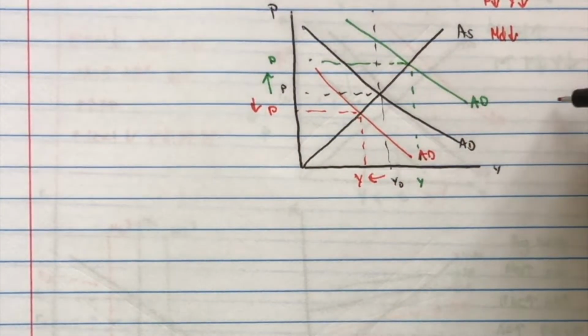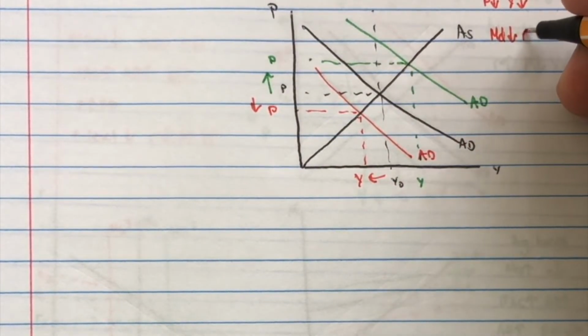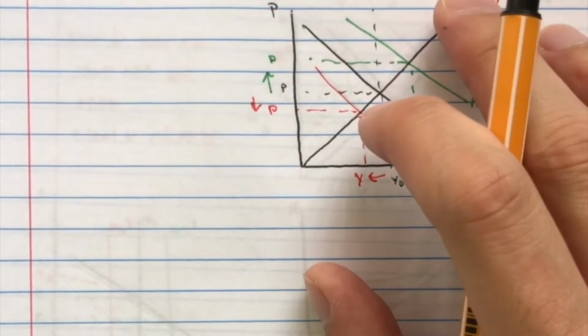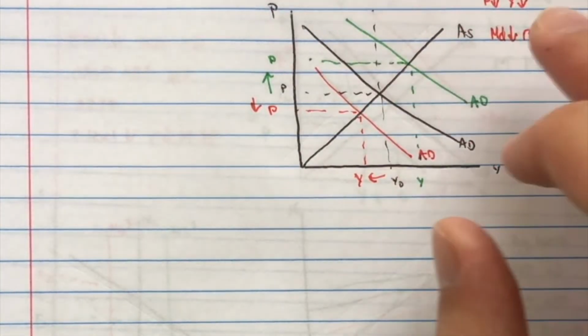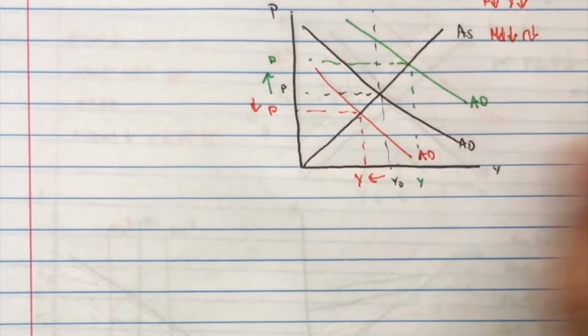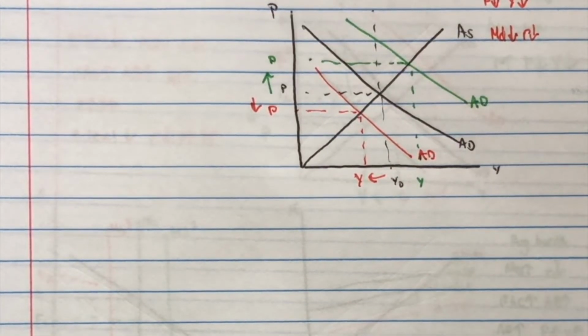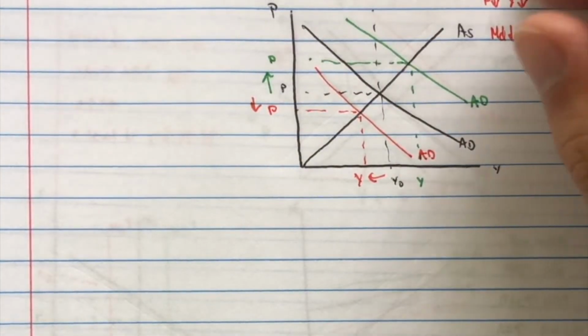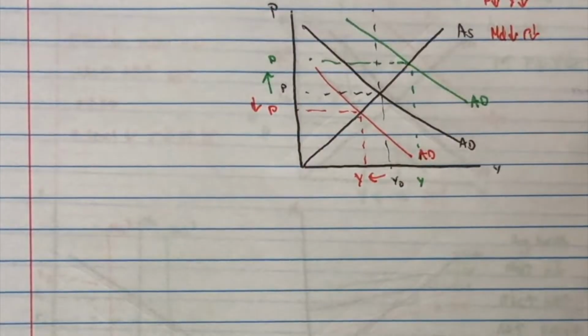And so the interest rate is going to go down. So when the government pulls back their spending, our spending goes down, so aggregate demand goes down, prices go down, output goes down, interest rates go down. So overall, this is the effect of these types of fiscal policy. Once again, only one shift on each graph, and that's all we need to worry about.